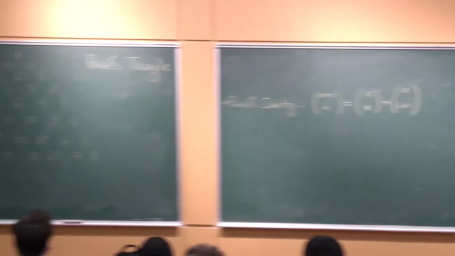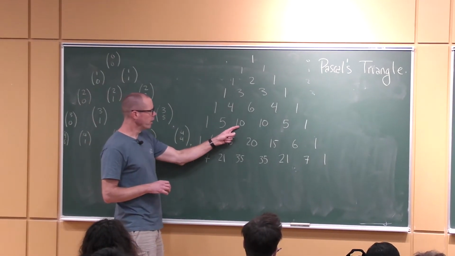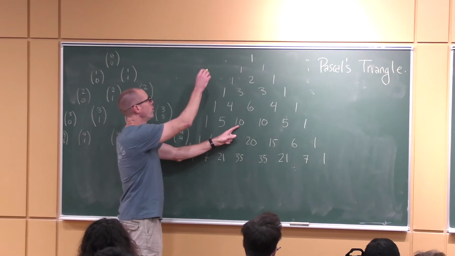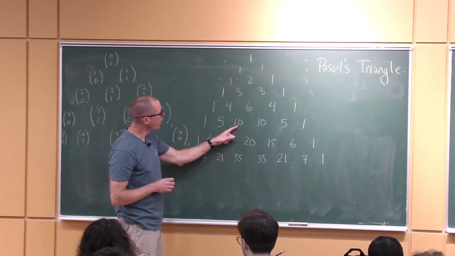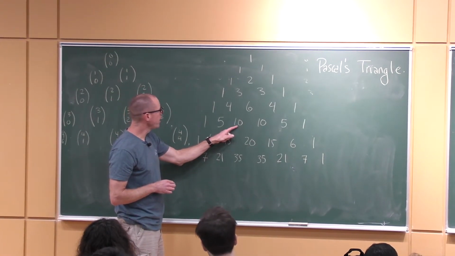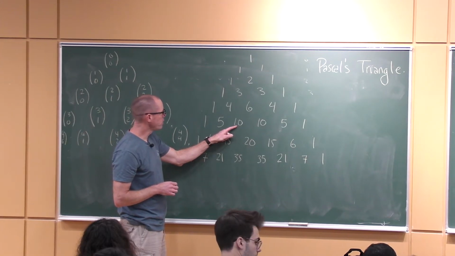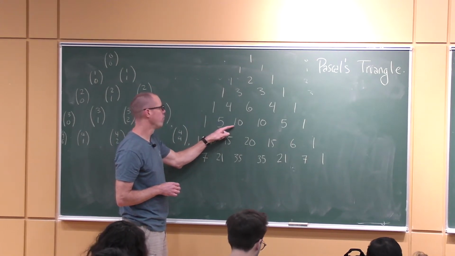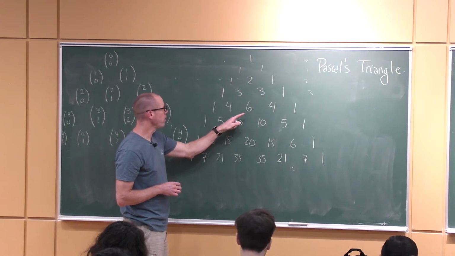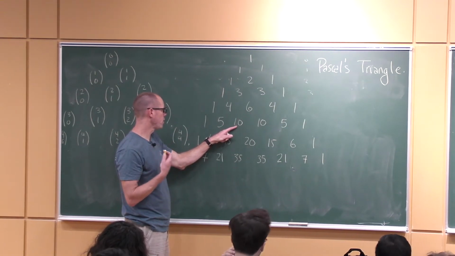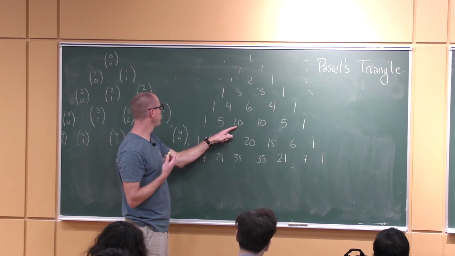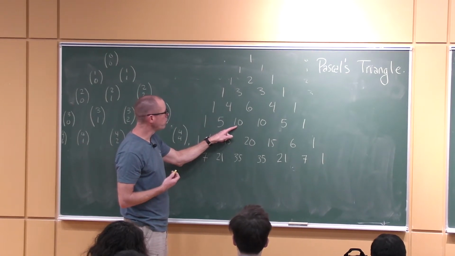So for example, here's this entry 10 in row 0, 1, 2, 3, 4, 5. And where did that come from? Well, 5 is n plus 1, and this is 5 choose 2 here, and what's 5 choose 2?